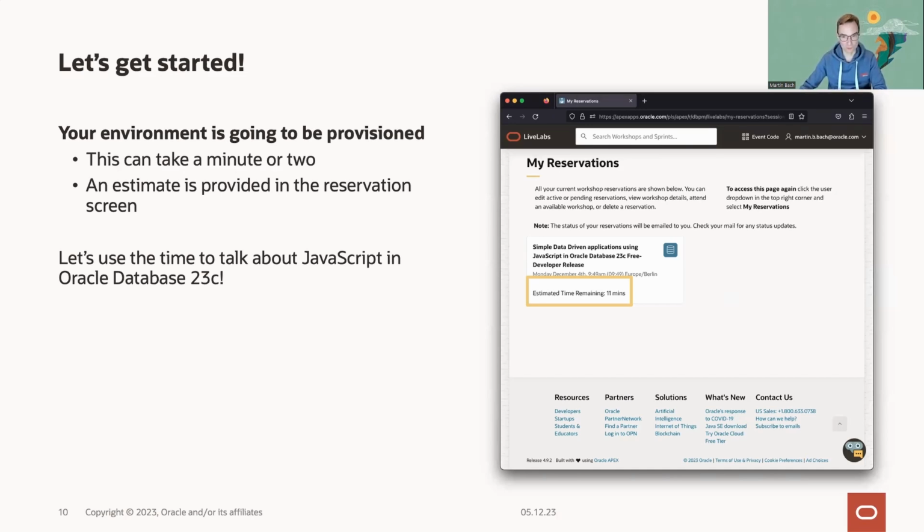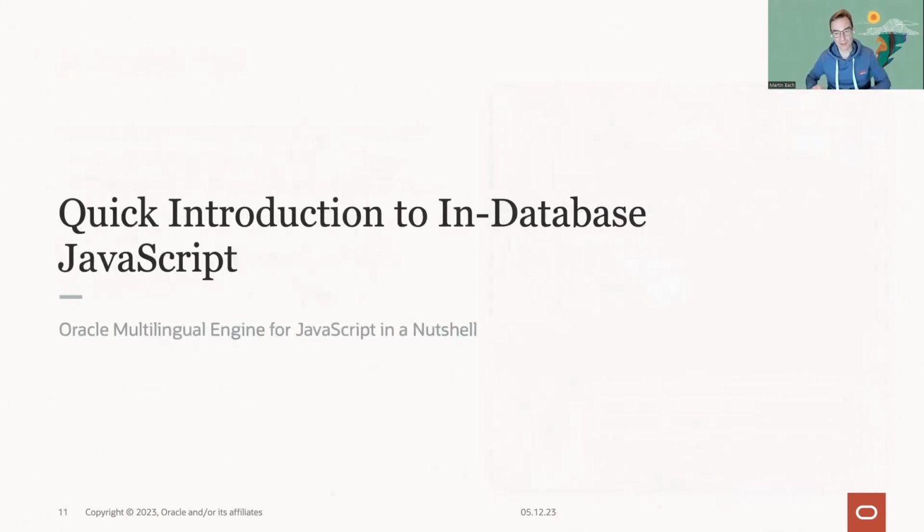If you could, follow all these steps, and keep an eye on the chat to see if anyone's got any problems. That'll be the first step towards creating the environment. And whilst this is running for everyone, this is a good moment to talk about in-database JavaScript.